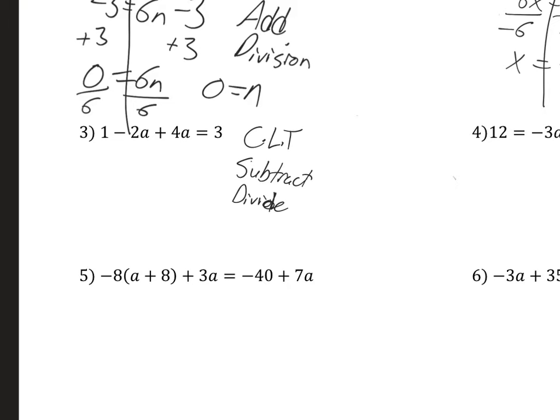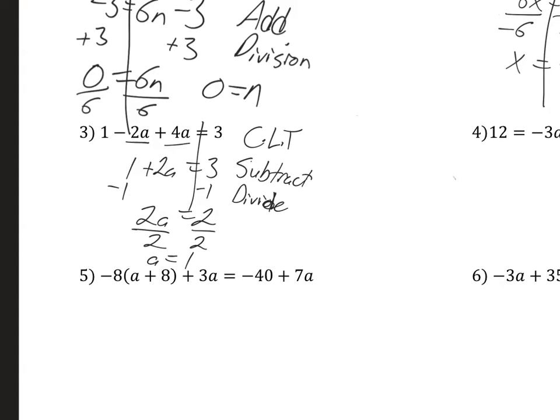The very first thing that I notice is I have two things with a, so I'm going to add those together. So I have 1, -2 plus 4 is positive 2a equals 3. Then we're going to subtract 1 from both sides. So we have 2a equals 2. And then we are going to divide both of these by 2. So a equals 1. Perfect.